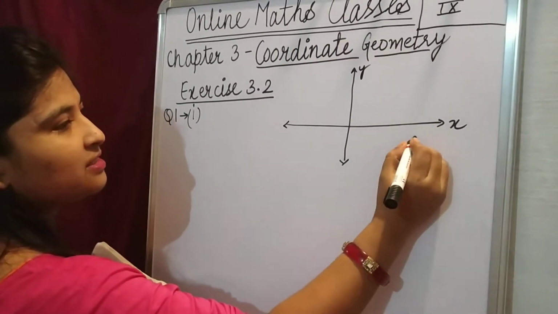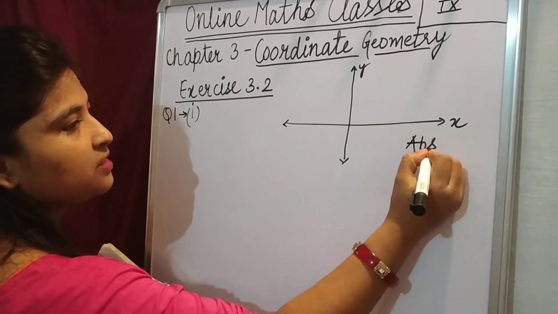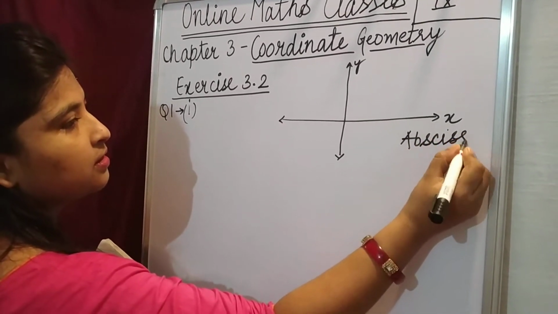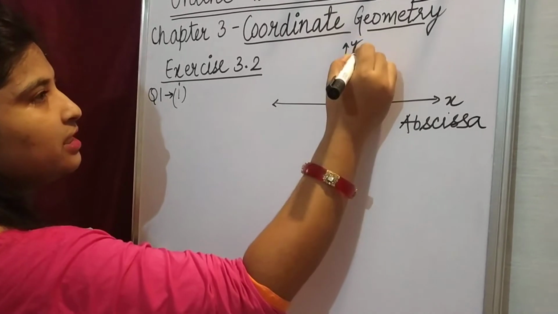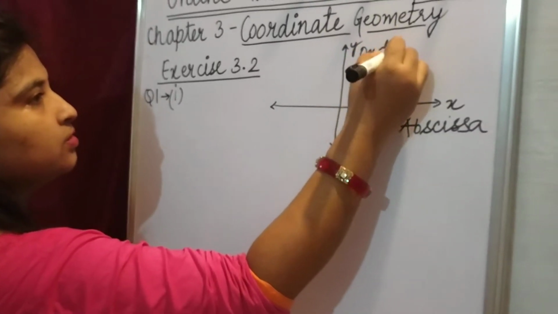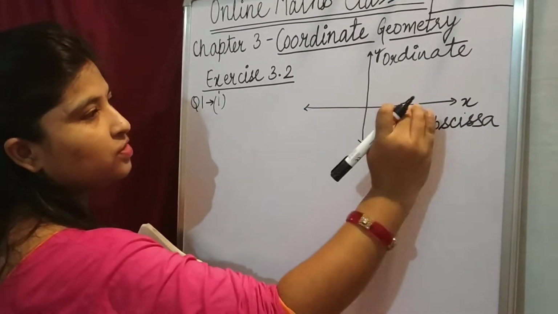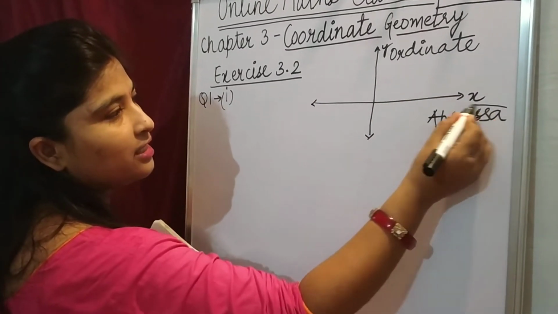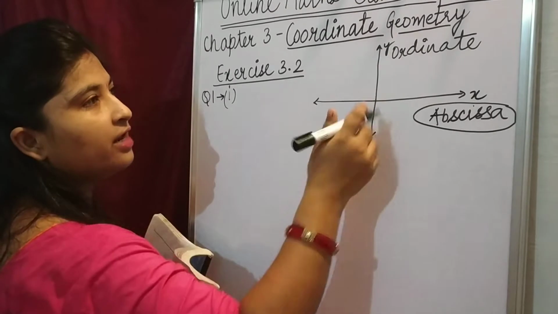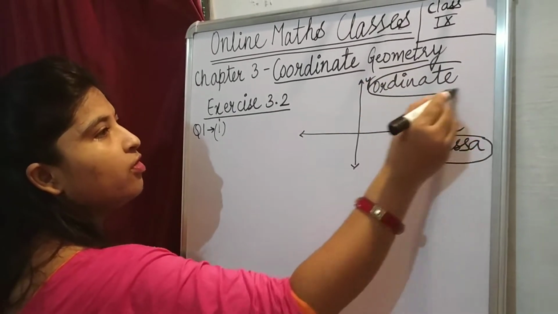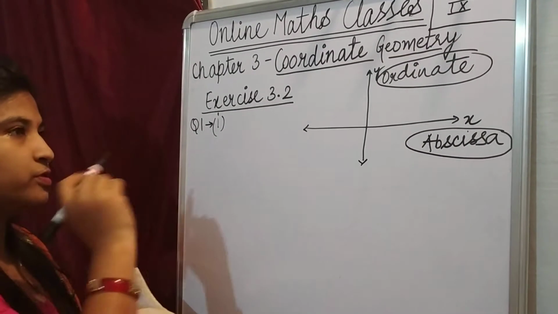The name of the x-axis is abscissa and the name of the y-axis is ordinate. So the horizontal line has the name abscissa and the vertical line has the name ordinate. That will be your answer to the first part.